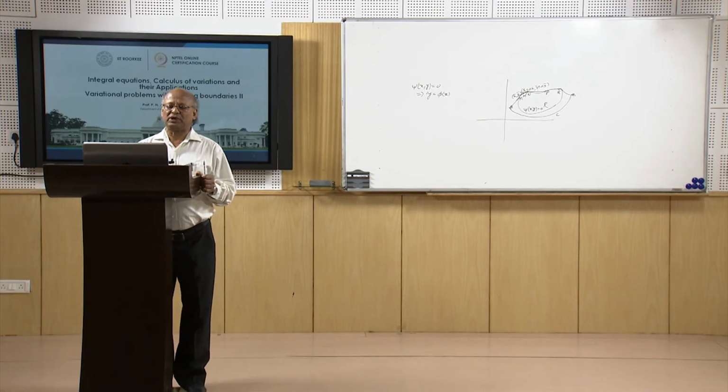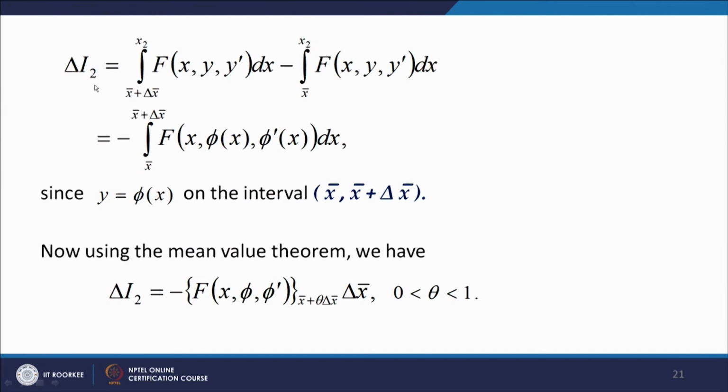only reduces to a change in the lower limit of integration, and we have delta I2 equal to the integral from x bar plus delta x bar to x2 of f(x, y, y') dx minus the integral from x bar to x2 of f(x, y, y') dx. This is the change in the value of I2 when the point x bar, y bar moves to x bar plus delta x bar, y bar plus delta y bar.